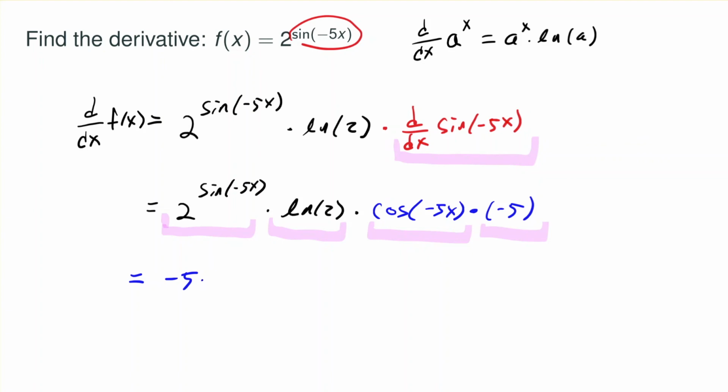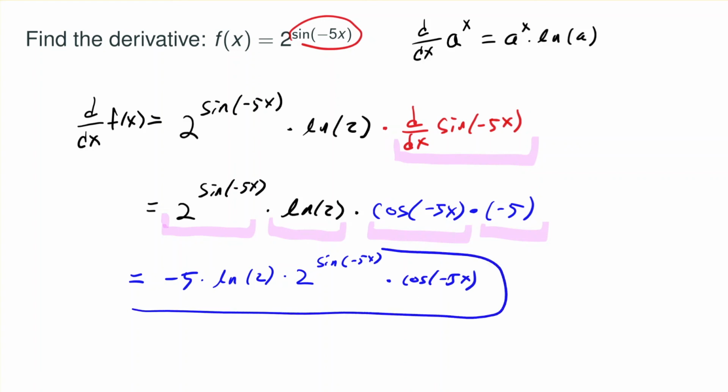So negative 5 times ln of 2 times 2 to the sine negative 5x times cosine of negative 5x, like this. So this right here is the derivative of this function. Make sure that cosine negative 5x is not in the exponent, right? The only exponent is sine negative 5x.